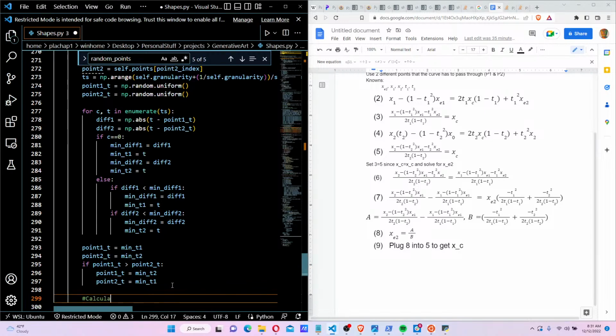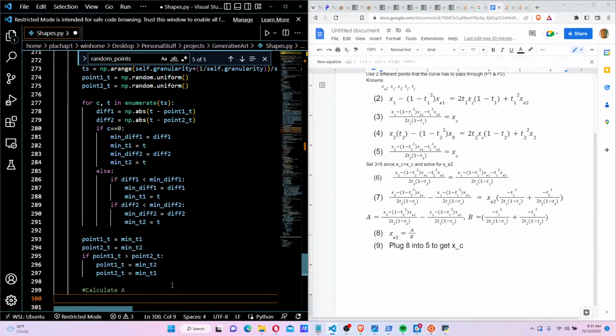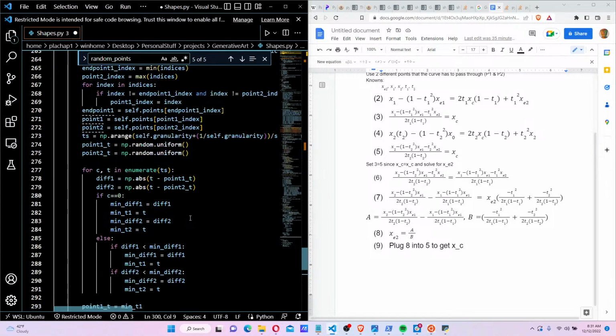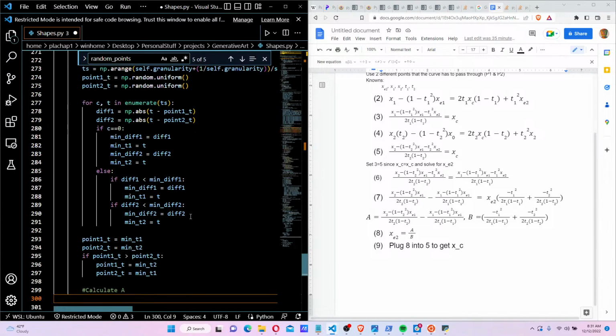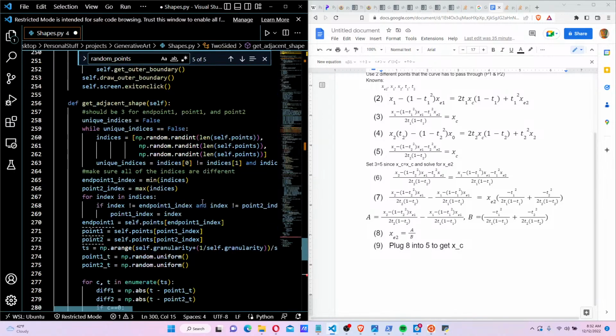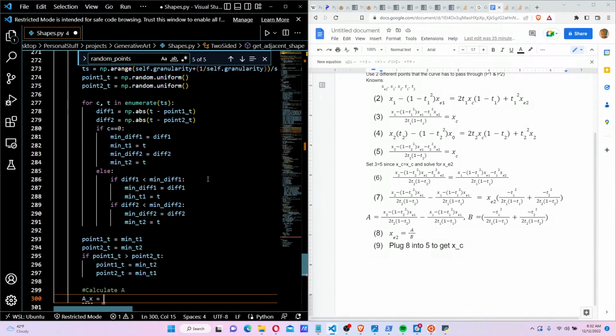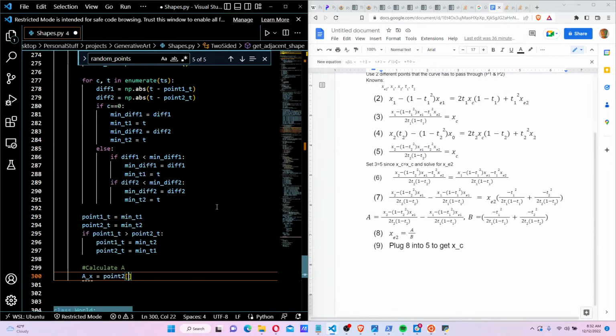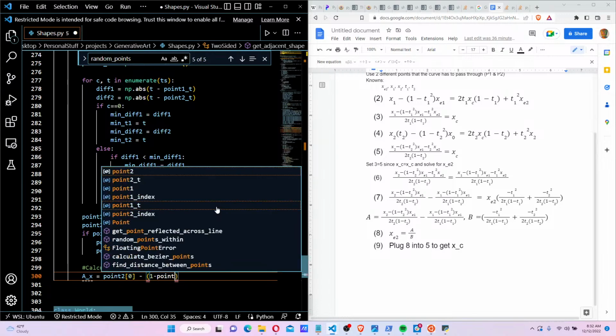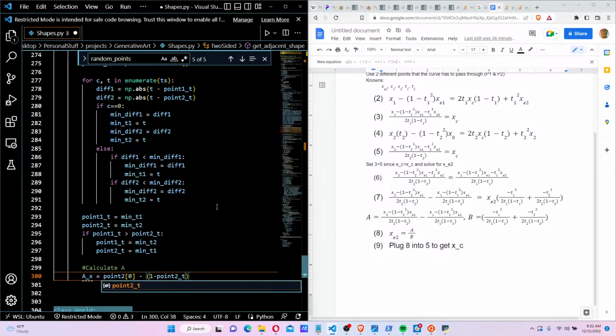So calculate A. A is equal to x2. So A sub x is equal to endpoint 0.2 of 0 for x, minus, and then in parentheses 1 minus 0.2t, 0.2t squared.